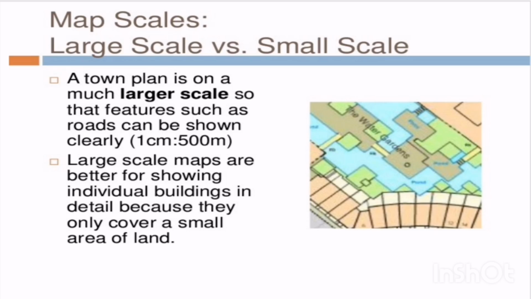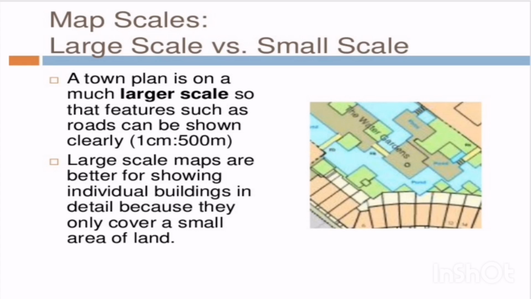And in this scale, details of cities, towns and villages are shown. So very simple, your large scale maps depict the geographical features of a small area in detail, whereas small scale maps show only the important features of a large area.